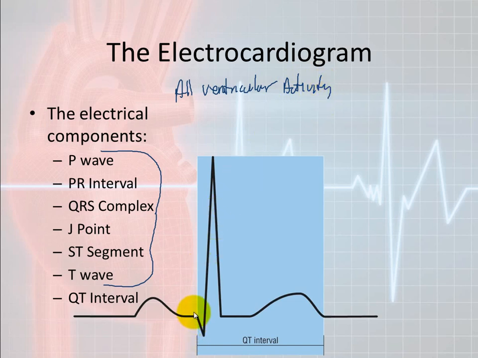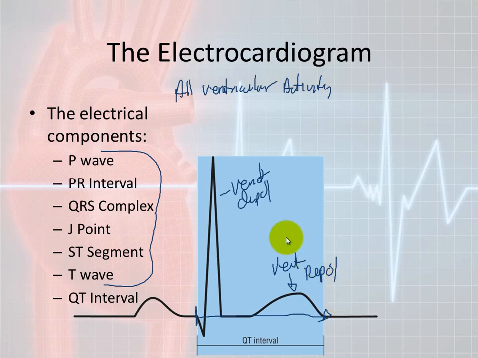As you can see here, it begins at the QRS complex and goes all the way through the ending of the T wave. So it represents the QRS complex, which is ventricular depolarization, and it also has the T wave, which represents ventricular repolarization as well.